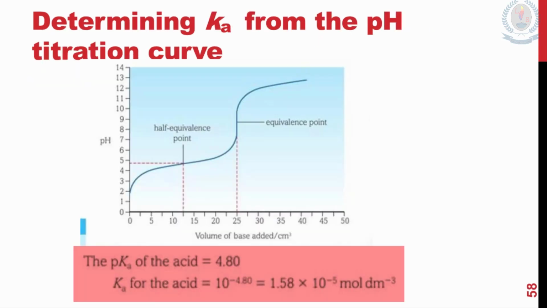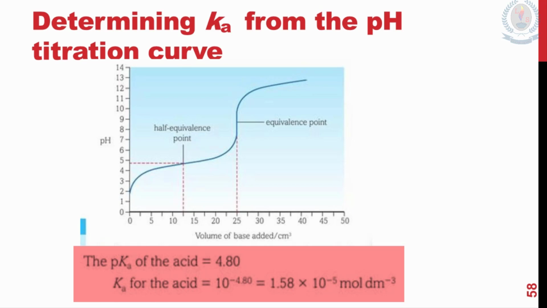Determining Ka from the pH titration curve. In your exams you will have a question like this. They will give titration curves and mark the equivalence point and everything, and they ask you to find the Ka from the pH curve.